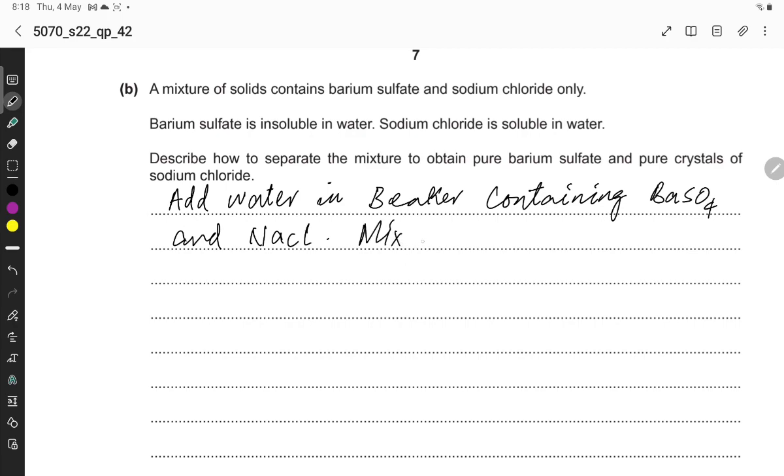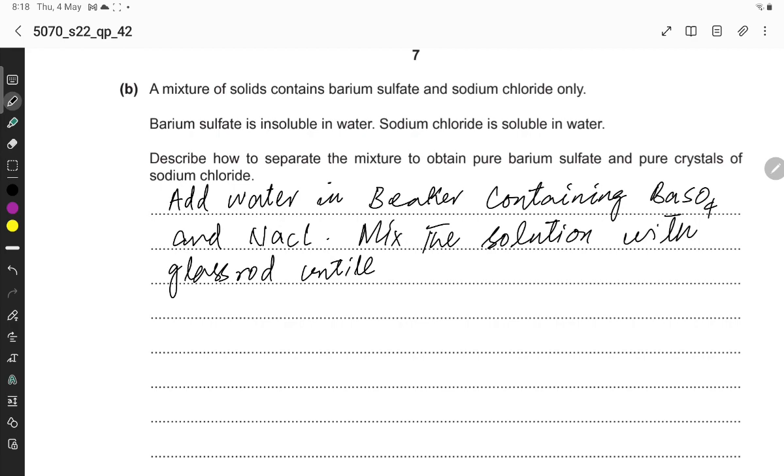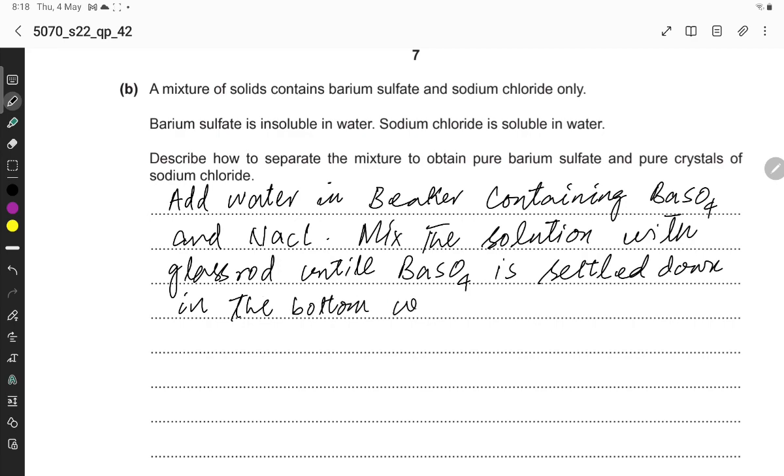Mix the solution with a glass rod until the barium sulfate has settled at the bottom, while the sodium chloride dissolves in the water.